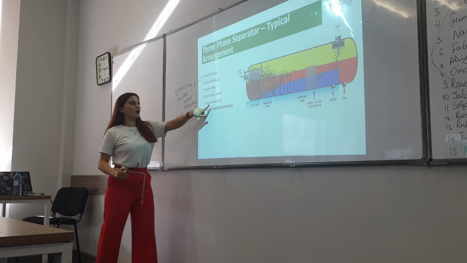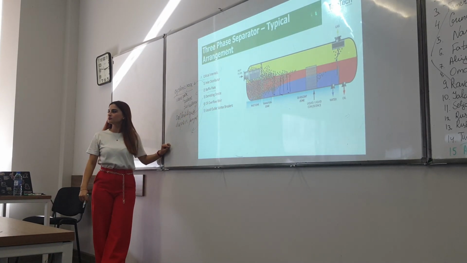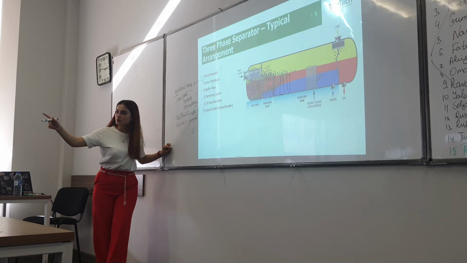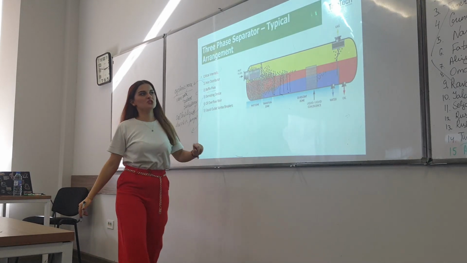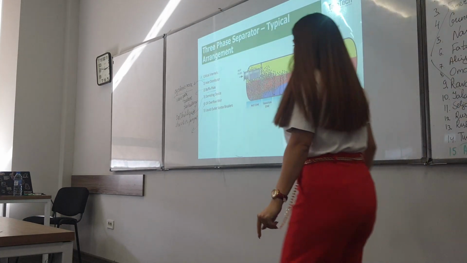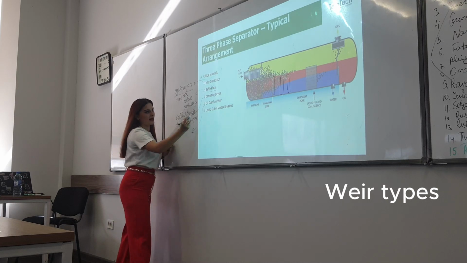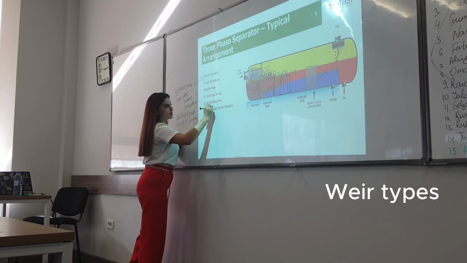Next one, oil overflow weir. Why do we need that? To separate the liquids. Liquid from liquid. Which liquid, for example, Sana? Oil from water. Exactly. So the weir, for example, you may have overflow or submerged.